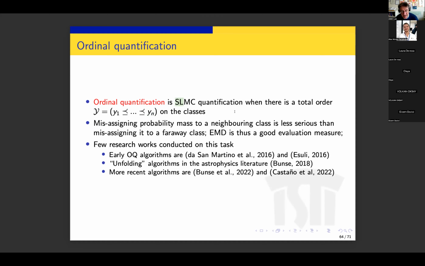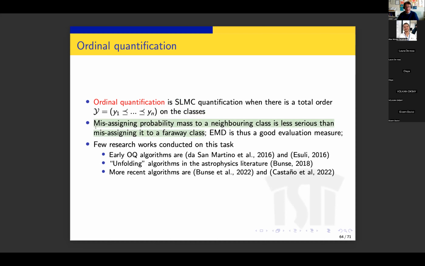Total orders, as we had mentioned in the past, come up frequently, both in the humanities and the social sciences, but also in some of the hard sciences, including, surprisingly, astrophysics, where different ordered classes are used to bin energy levels of astroparticles. In ordinal quantification, misassigning probability mass to a neighboring class is less serious than misassigning it to a faraway class.